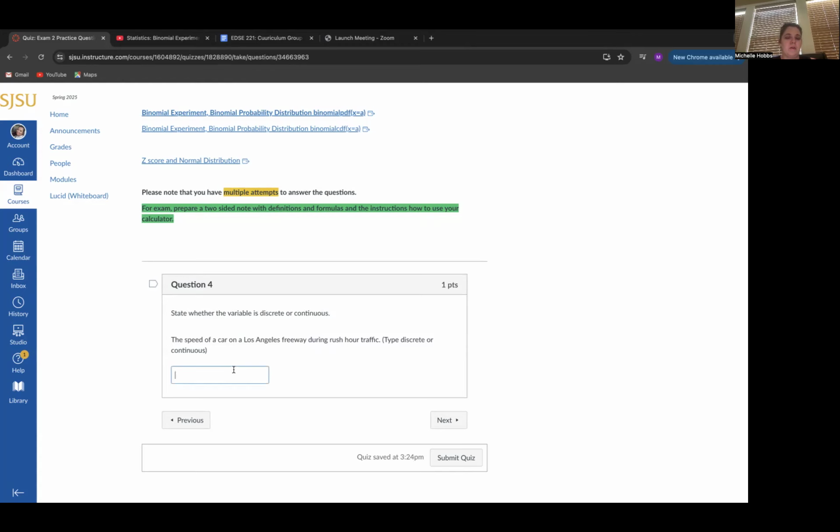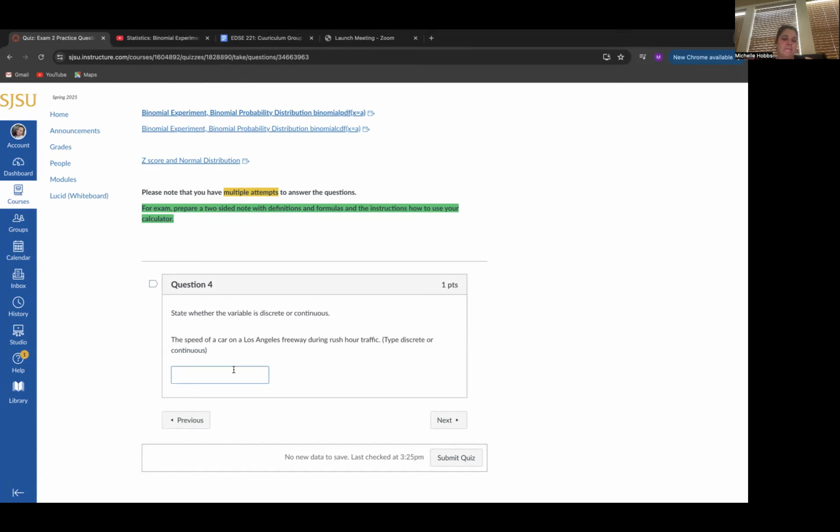I'm wondering if it is discrete because, no, I think it's continuous, because again it's taking on any value within a range.